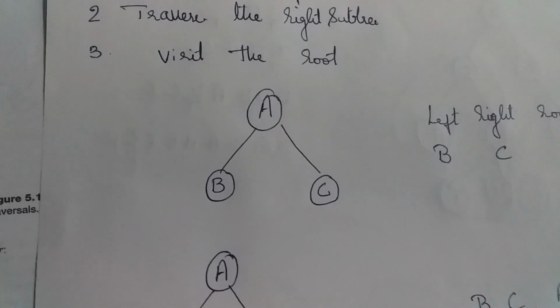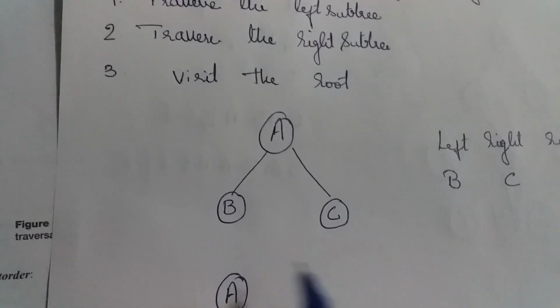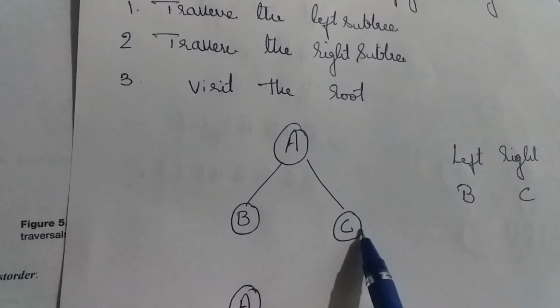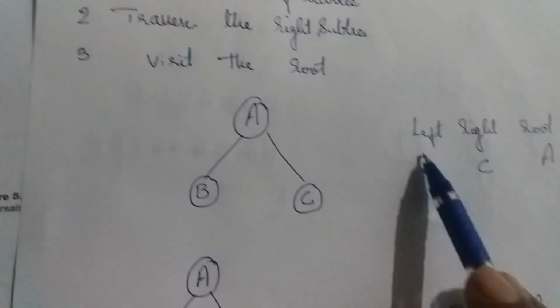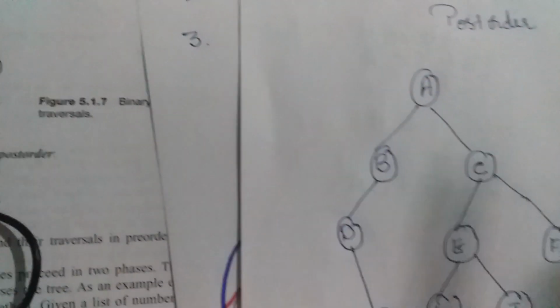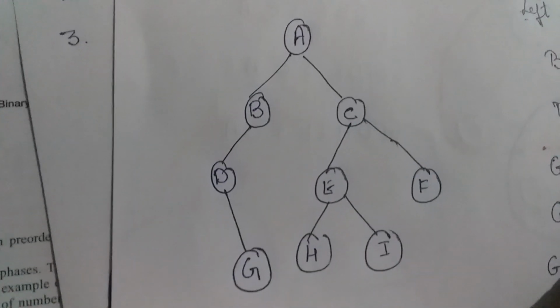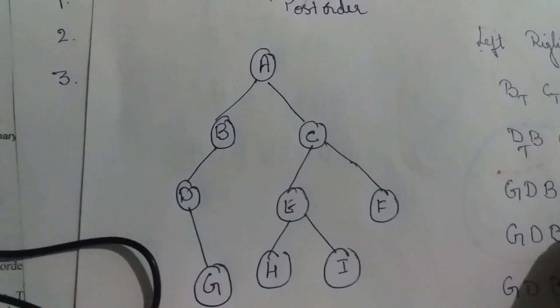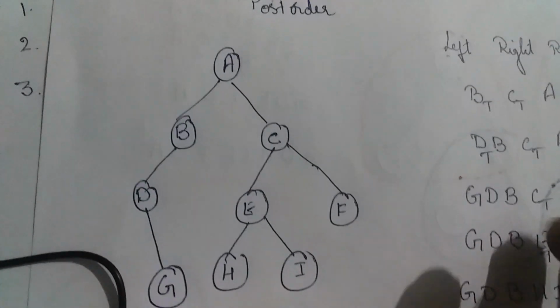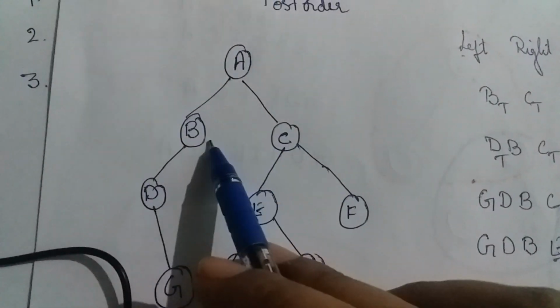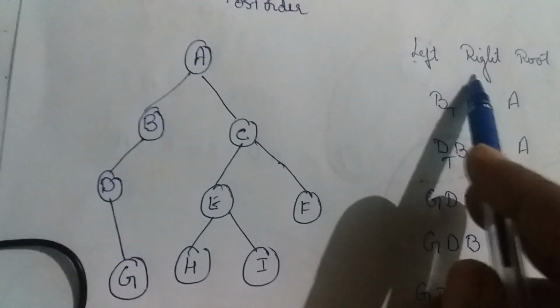So if I consider the first example here, left is B, then C and A: left, right and root, B, C and A. Now one more graph I will take here and apply the same post order technique. In post order traversal, we know that it is left, right and root.